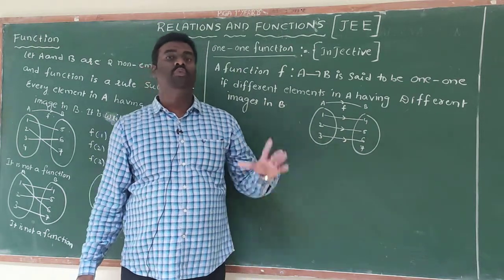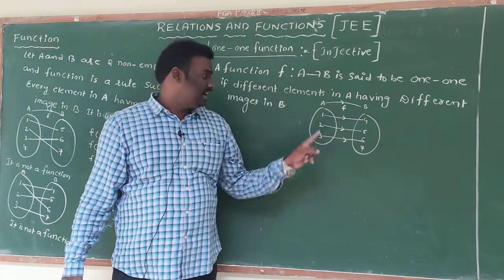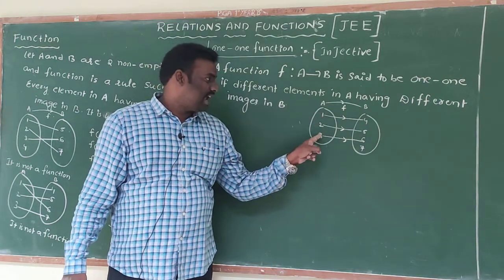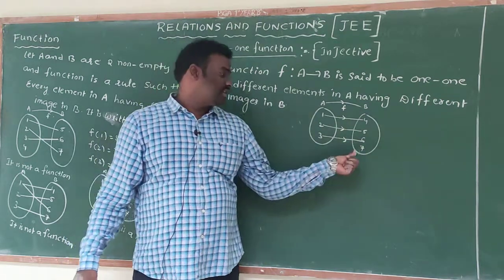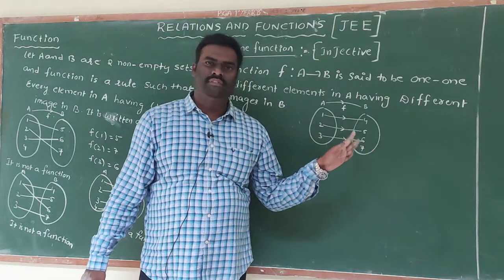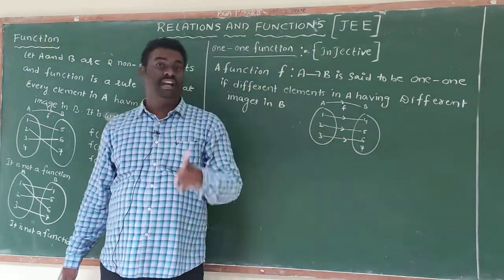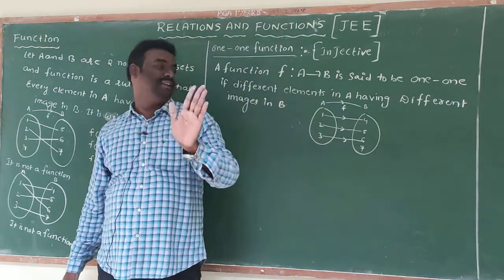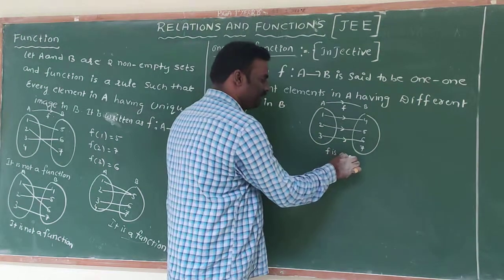Next, we need to verify whether it is one-one. What is one-one? Different elements in A have different images in B. Don't get confused. Sir, here one value on the right side is empty. No problem. If the right side has an empty value, it can still be a function, but the left side value should not be empty. Now f is one-one.